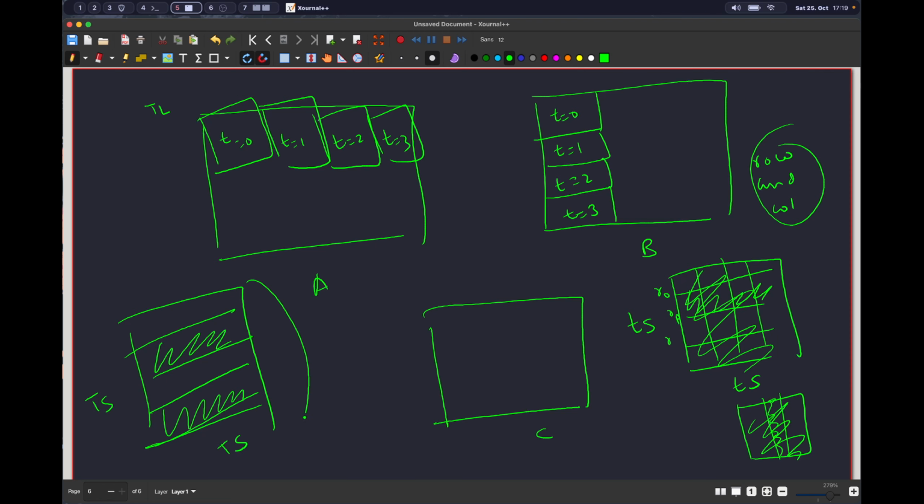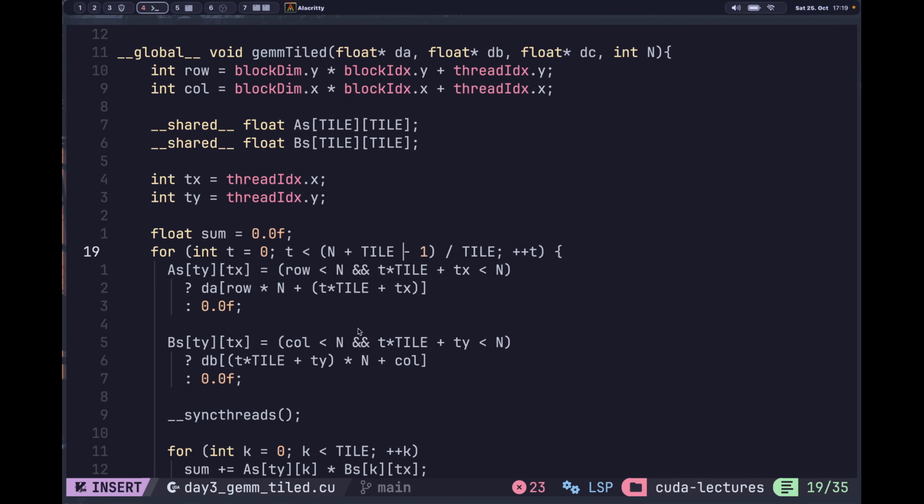But since we have already stored these elements in the shared memory, the access will be much faster. You don't need to read these elements again from the global memory. You can just go look in shared memory, fetch the elements from there, multiply them together for both A and B, and then store the sum. That way it is much faster, right?